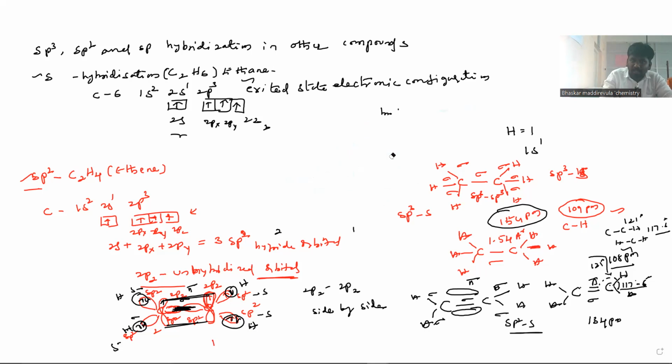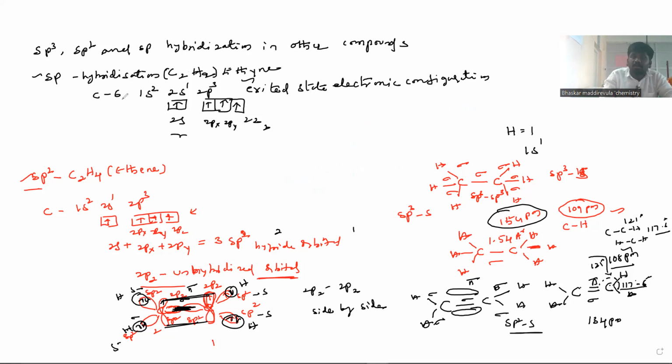Here I am taking the example of the molecule C2H2. The molecule name is ethyne. Here also you have two central carbons, and each one has the same type of electronic configuration.